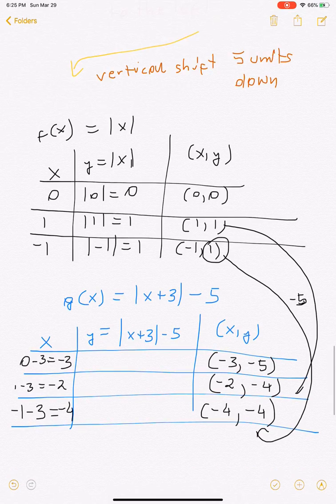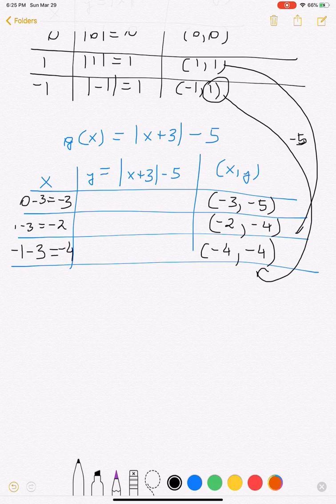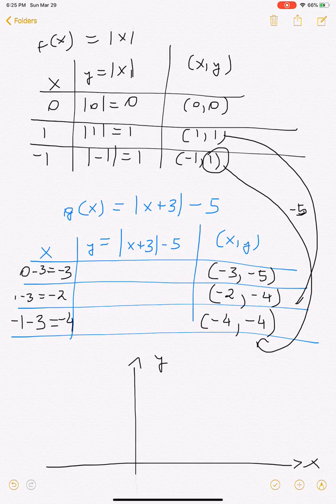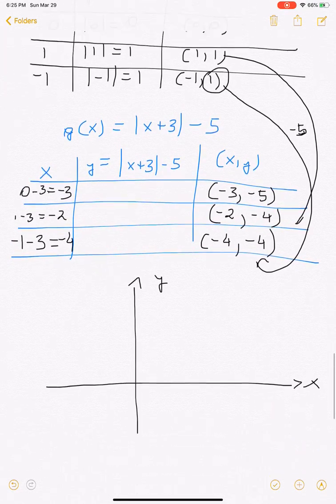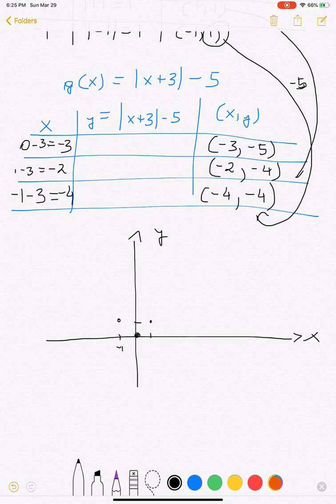Okay, so let's graph both of them together. In black, I'm graphing the original absolute value of x: 0, 0; 1, 1; and -1, 1.